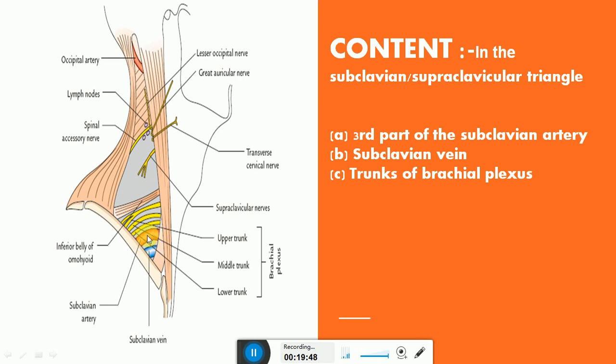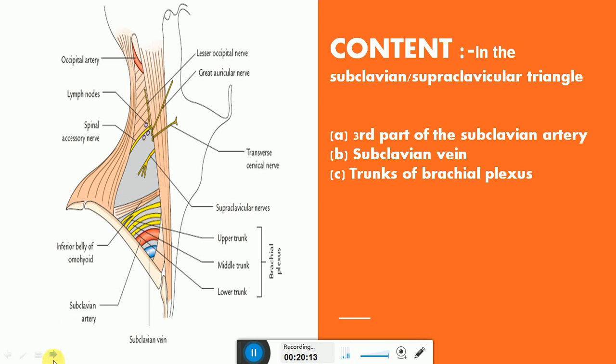Because of this artery only, this triangle is called the subclavian triangle. This is the subclavian vein accompanying this artery, and these are the 3 trunks of the brachial plexus: upper, middle and lower trunk.